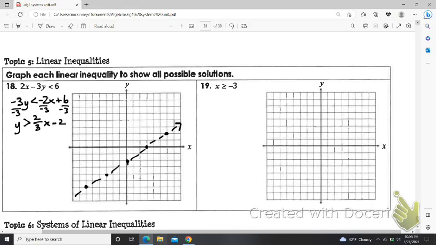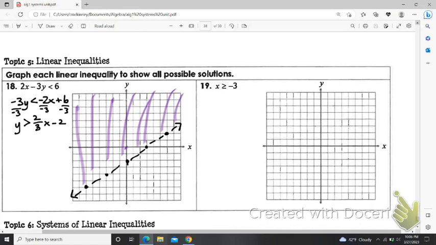So places along this boundary line are not actually solutions, but everything that is above the line, all of the things above this line. And if I chose 0, 0, put 0 in for x and y, 0 is less than 6, so it should be shaded, and it is, so that's good news.